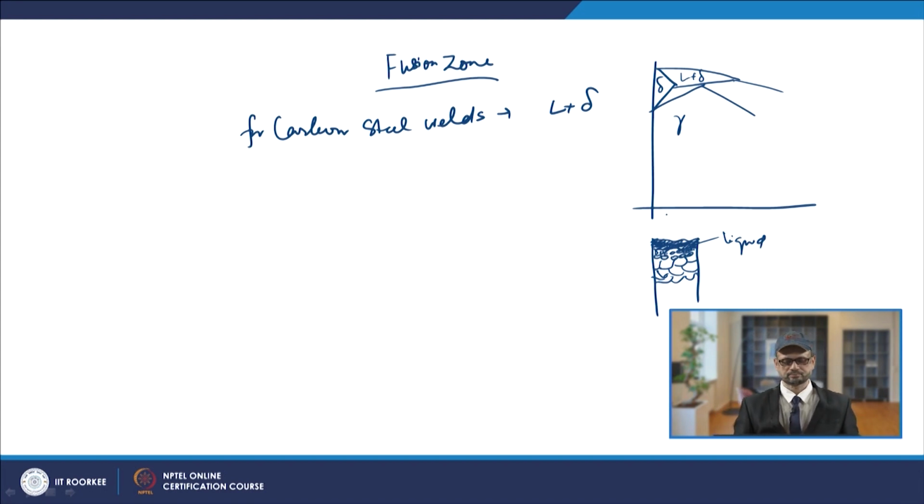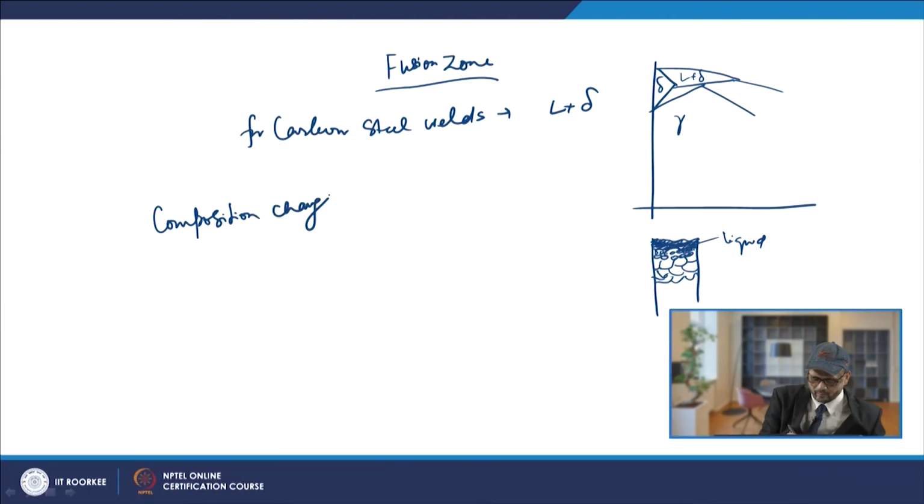In this case you will have both fine as well as coarse grains. It is also represented by that line where your composition changes from the parent metal to the composition of the weld deposit.